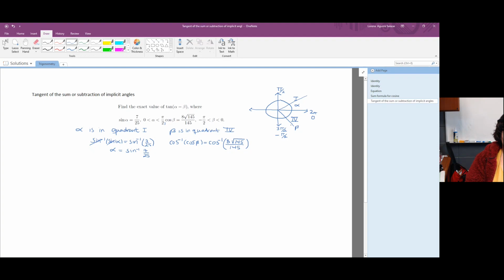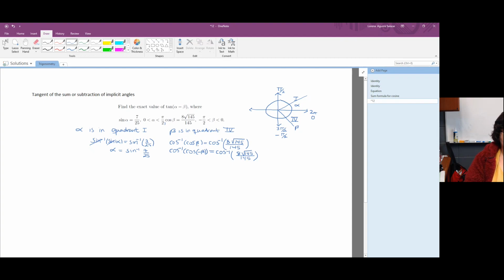That is a reflection of this angle with respect to the x-axis. So we go with inverse cosine of cosine of negative beta equals inverse cosine of 8 root 145 over 145.